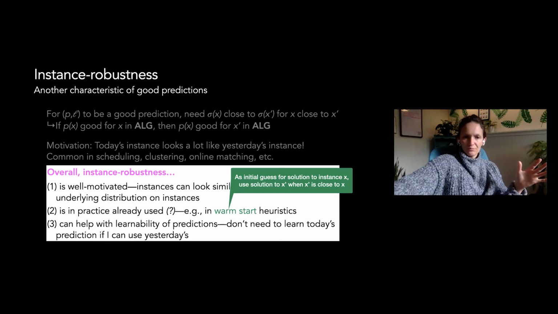But the point is, it can help fill in this gap of a learnable prediction. Again, instance robustness doesn't necessarily make sense for all problems, but for the ones I pointed out, like clustering, scheduling, and online matching, it truly seems to make sense. You might be looking at instances in practice that look very similar to each other.